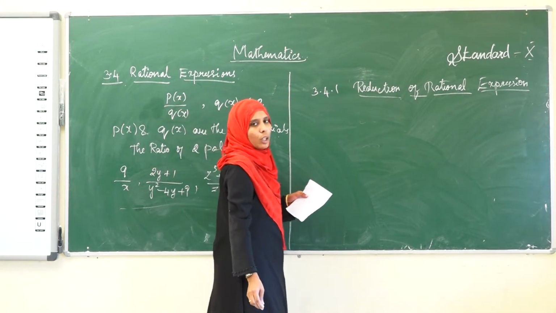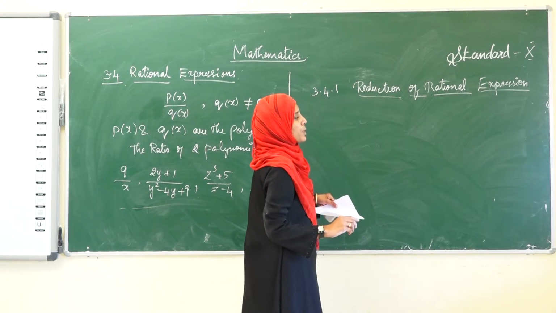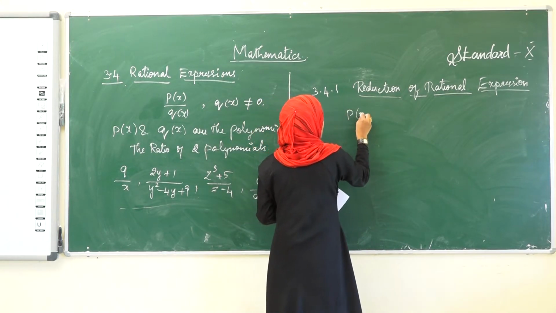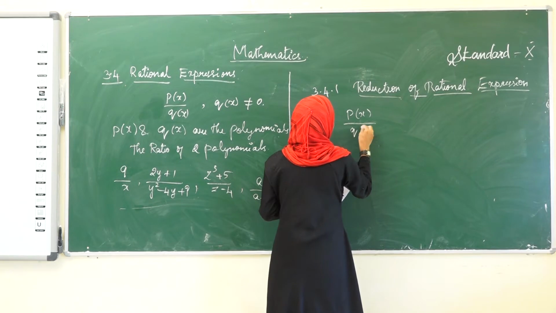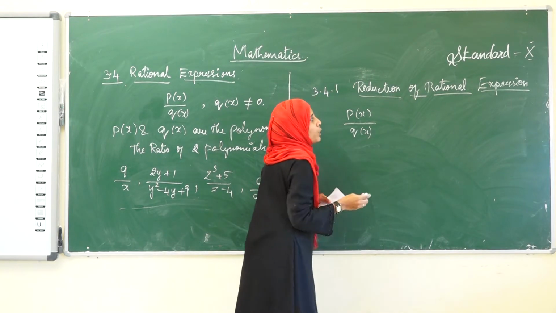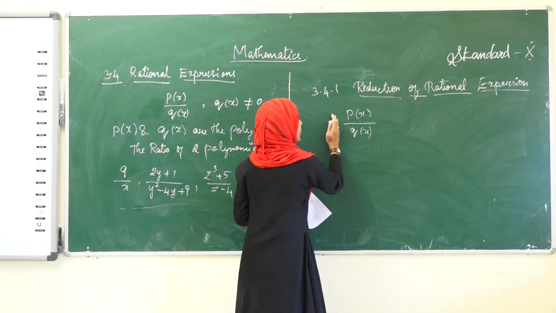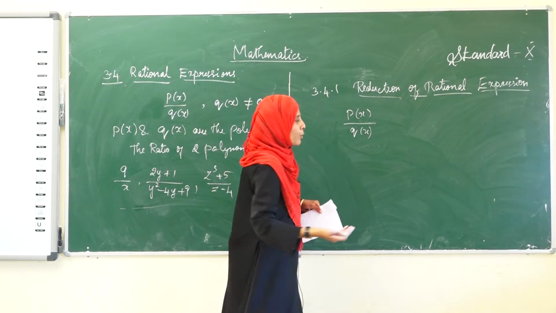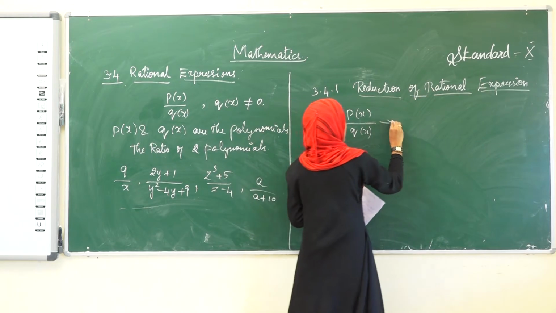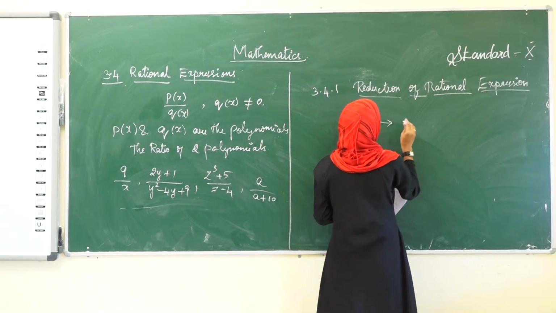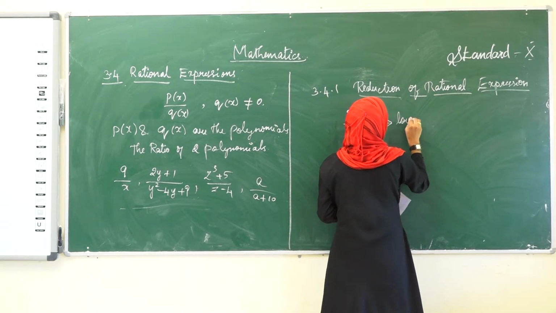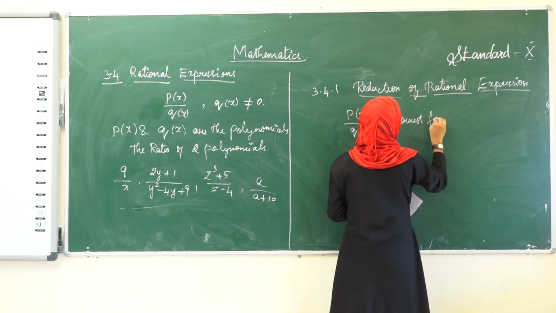Here we are going to see how we are going to reduce the rational expression. See, the rational expression in the form of p of x divided by q of x. So, reduction of rational expression means we are going to find the reduced expression in its lowest form. The lowest form of this rational expression.